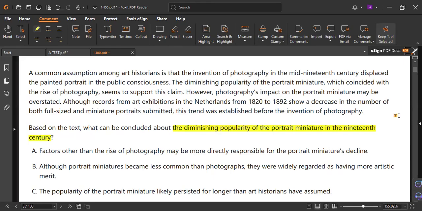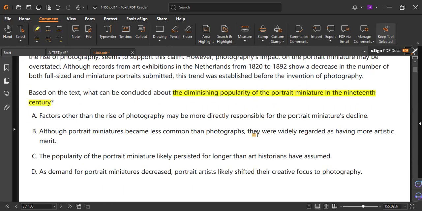Is it C? So why do you think it's a C? Because it said, in the question, the popularity.